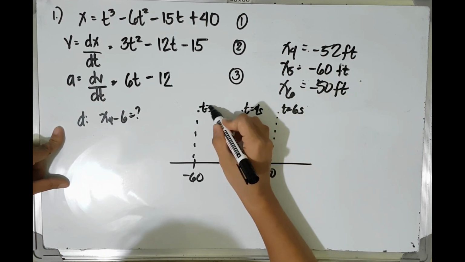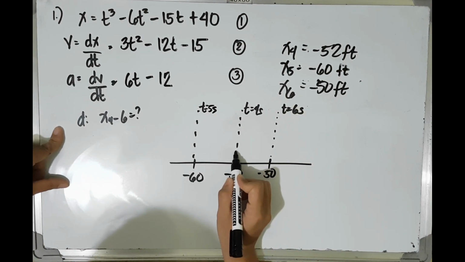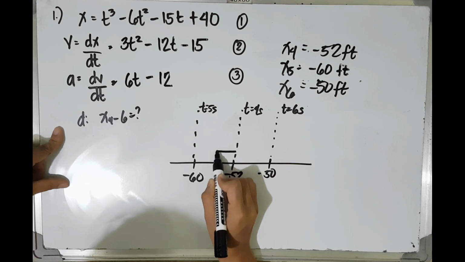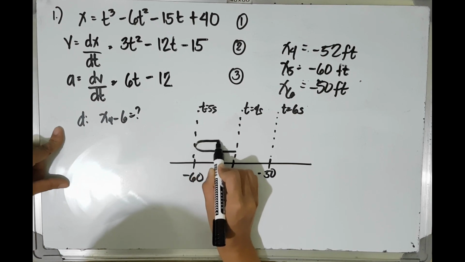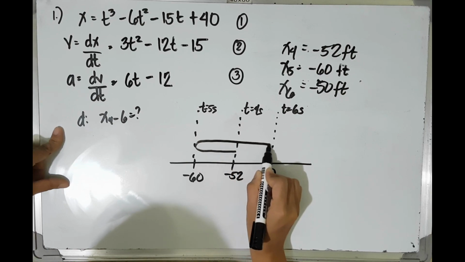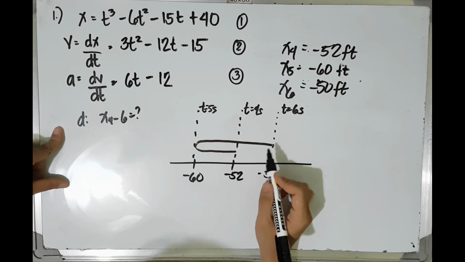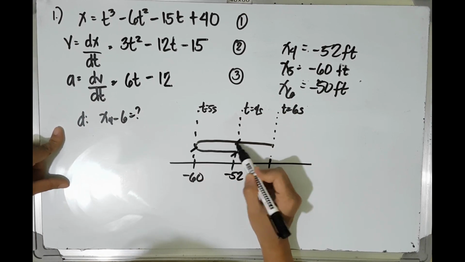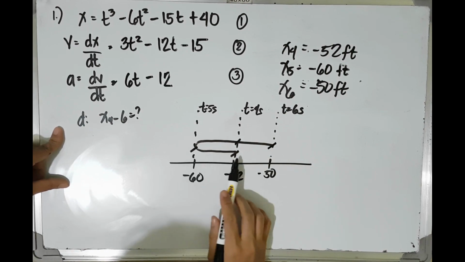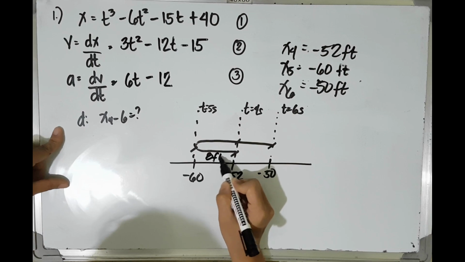So let us start at time equal to 4 seconds. It goes to 5 seconds, and then going to 6 seconds. So meaning at time equal to 5 seconds, where our velocity is equal to 0, it turns right.